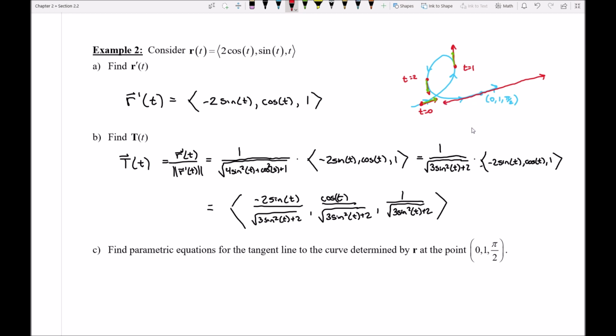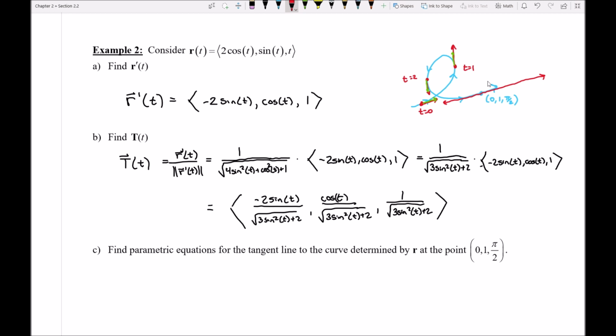Now, of course, if I wanted to create the equation of a line in 3 space, I know the things that I'm going to need. I'm going to need that direction vector, which is our 3D version of a slope, and I need a point on that line. Fortunately, the point on the line is already given to me, so I'm good to go with that. But I do need to know the direction vector. Now, the tangent vector at that point should be able to help me out.